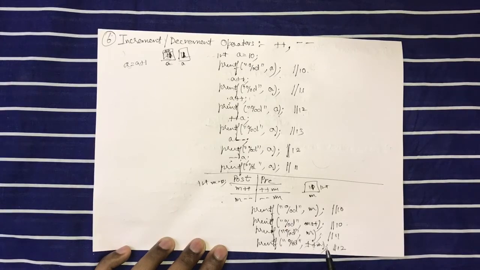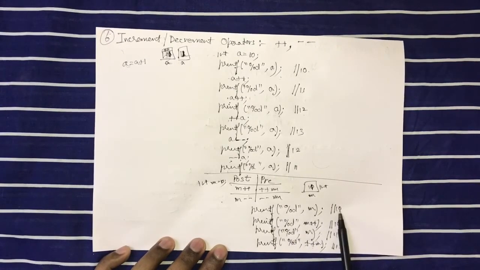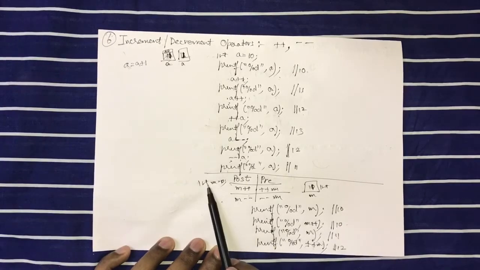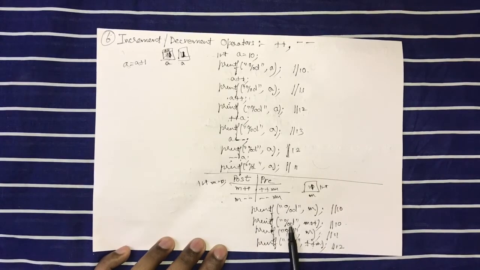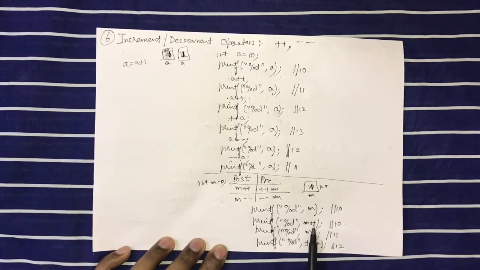I'm repeating it again. Here we had the variable m and it printed the value 10, because over here the value of m is 10. Now I again print m, and now I print the variable with m++. m++ stands for post increment.